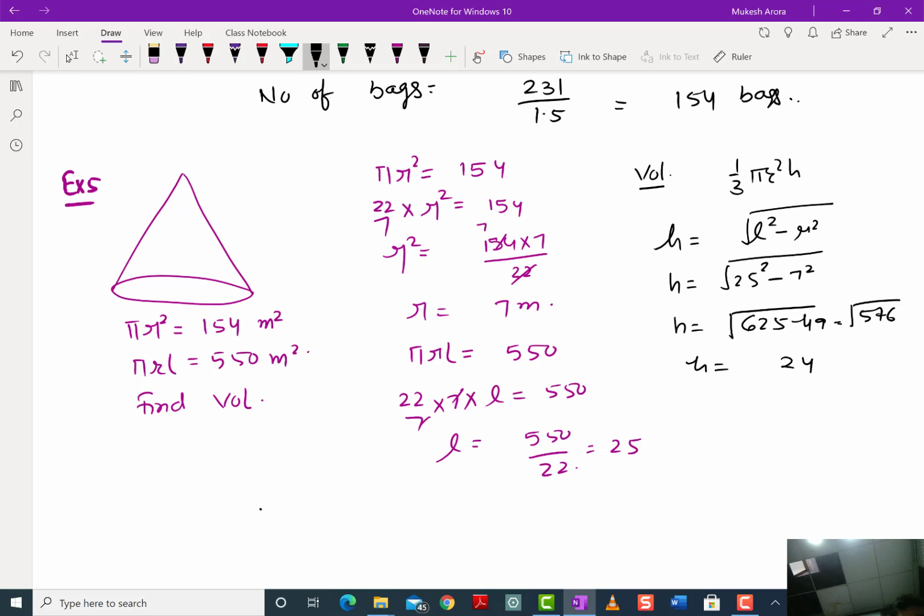So volume will be equal to 1 upon 3 into 22 by 7 into radius is 7 into 7 into 24. So 7 is cancelled, this is cancelled with 8. So the answer comes to 1232 meter cube. That is our answer, right?